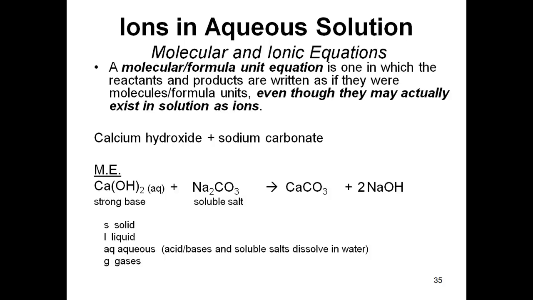Since it's a soluble salt, it's going to dissolve in water, so we're going to call that aqueous. Calcium carbonate. Okay, what kind of substance is that? That's an insoluble salt. Insoluble salt, then we're going to refer to that as an S for solid. And sodium hydroxide, that's a strong base, so it's a soluble species, therefore we will refer to that as AQ.